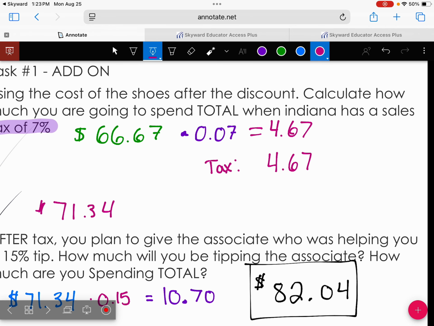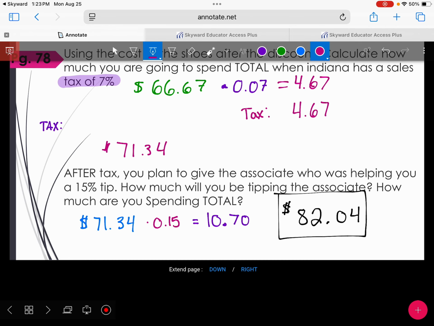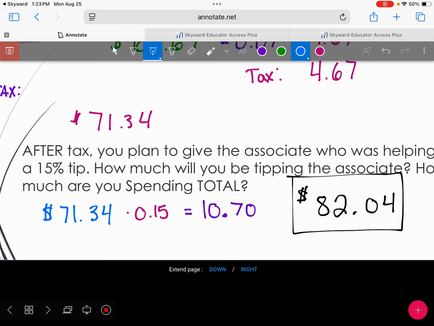Another way to do these, just in case you don't really like this multiplying and then adding thing: if we take our total times our 0.15, just like we did on the first page, and add it back to our total, I can write that as 1t plus 0.15t. I can add the decimals together. I have 1t here, I have 0.15t here. So instead of having to multiply and then add, you can do this, and that includes both options.